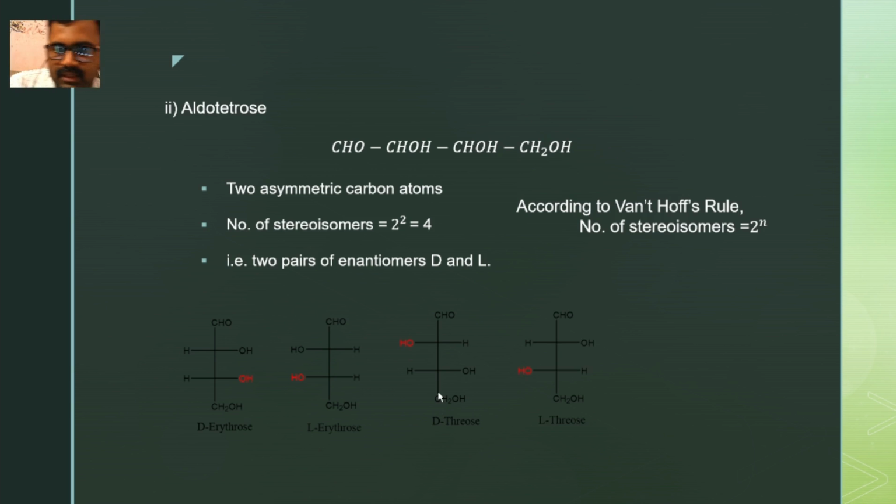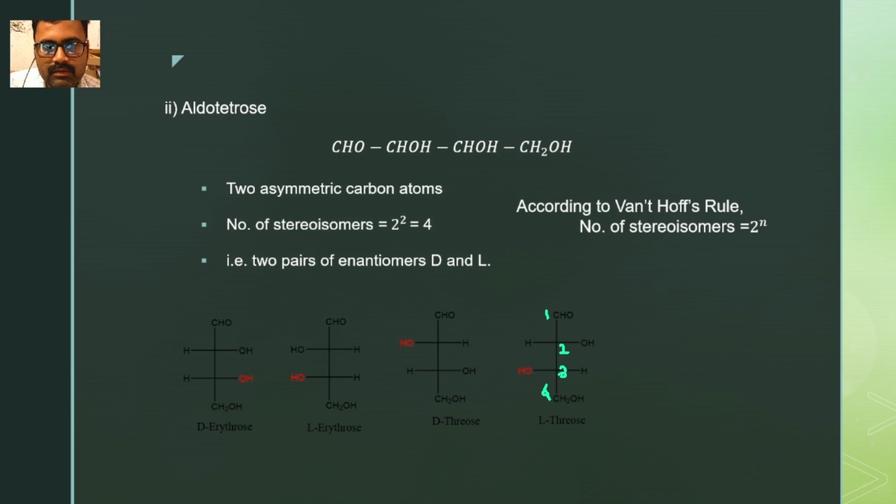If we take its mirror image, that is the fourth structure, this is the second pair, in which we observe that the third carbon atom has the OH group on the left hand side, whereas the second carbon has the OH group on the right hand side.